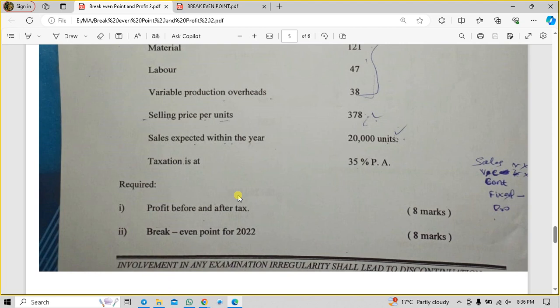I can see time is not on our side. I'll also be able to share the workings for the question that you have done, but hapo tu mpaka hapo kwa profit after tax. Kindly calculate it and work on it.